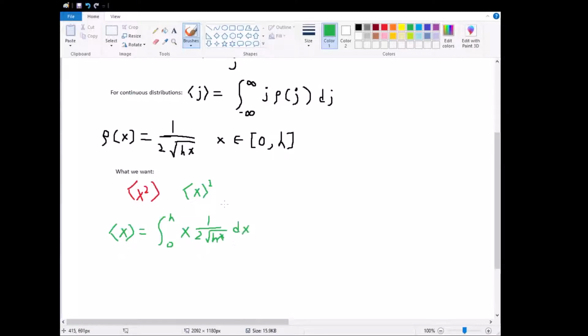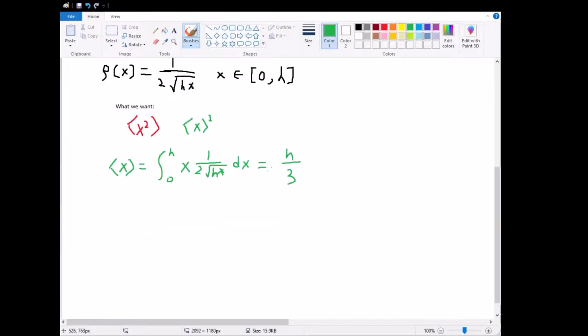And if we were just to plug this into an integral calculator, this would give us h over 3. And since we are looking for the squared value of this, the average of x itself squared is simply equal to h squared divided by 9.